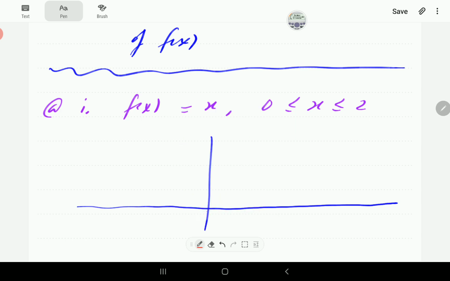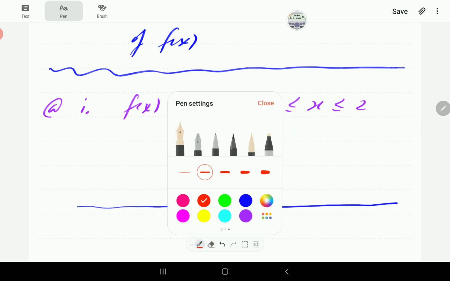It's just a straight line, y equals x. The periodic extension over the other intervals of 2 is going to reproduce exactly the same function.